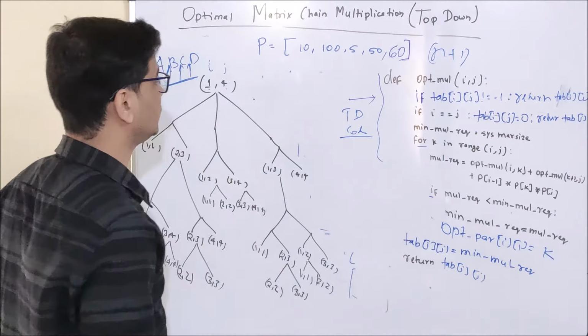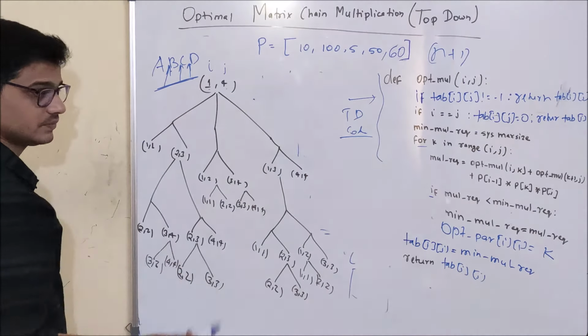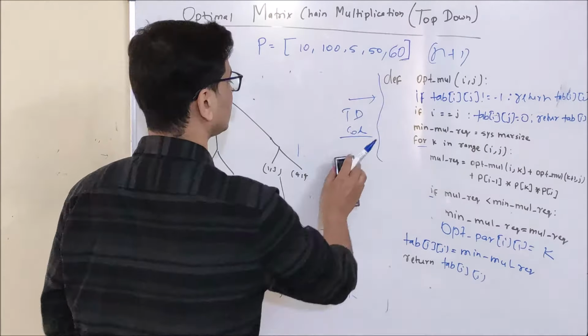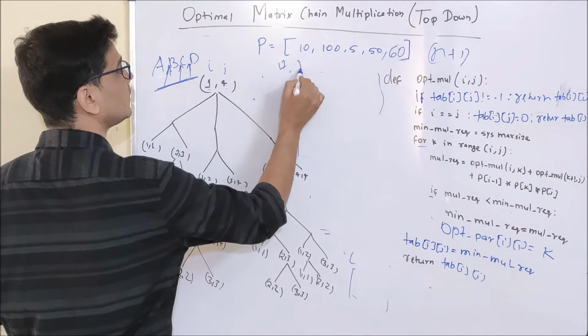And so once we have this TD code, how will this recursion tree look like? That is, the recursive top-down tree using the memo table. Let's see. So as you can see here, I have 4 matrices here.